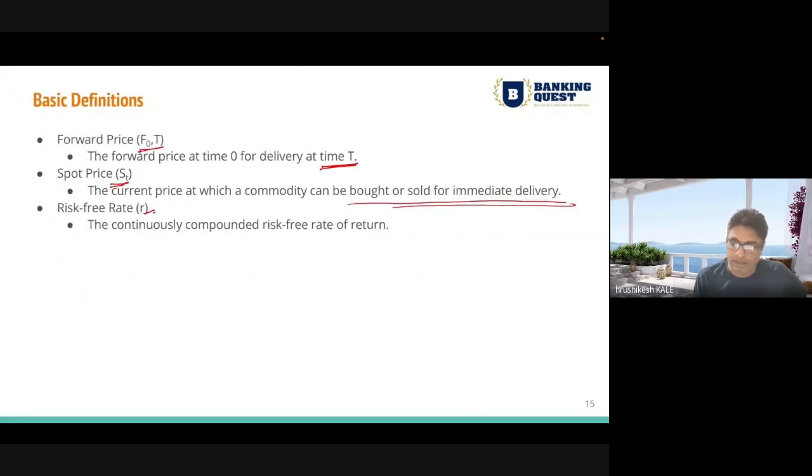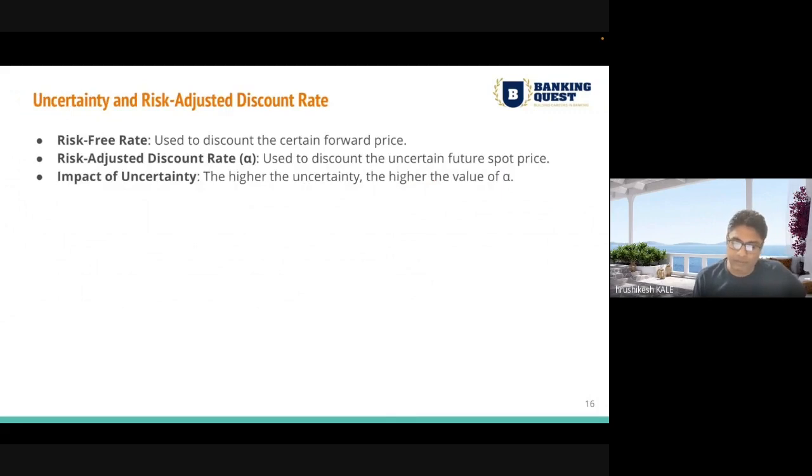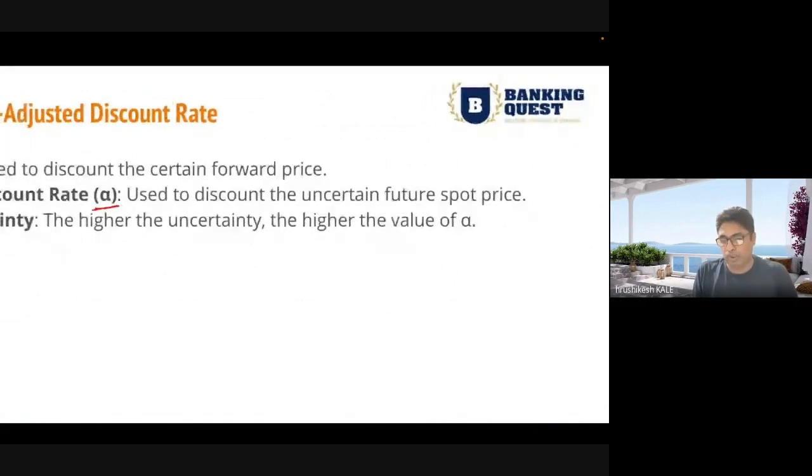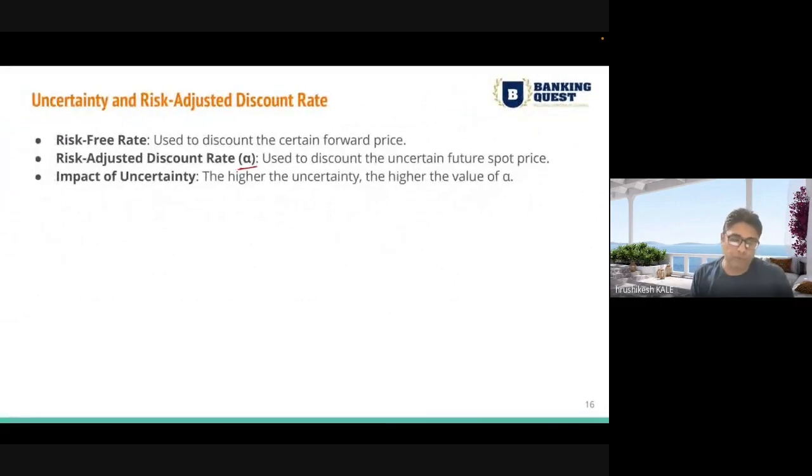There is nothing different here. One thing they have taken is a risk-adjusted discount rate, alpha, which can be changed to other variations, like uncertainty rate or maybe convenience yield.